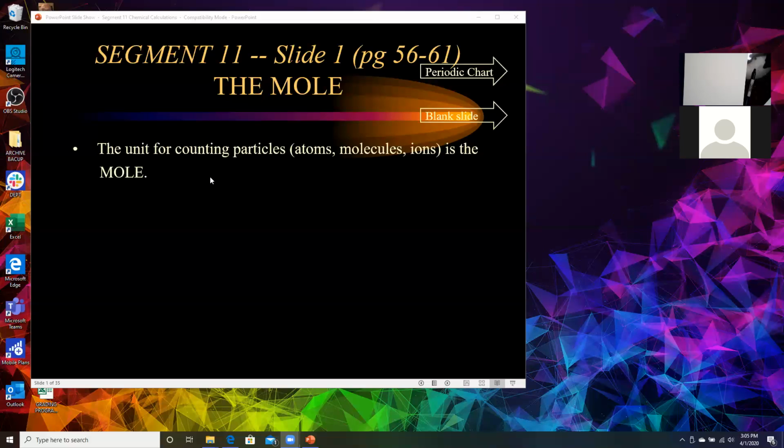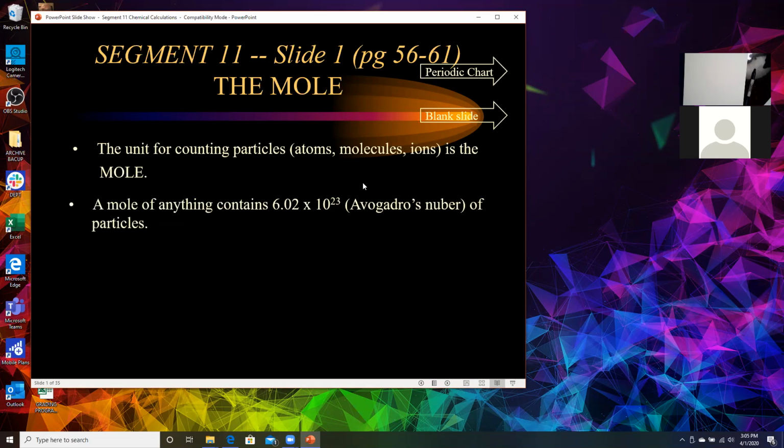Okay. All right. So now, when we talk about a chemical reaction, we're talking about atoms and molecules and ions that are involved in the reaction. And the unit that we use to count anything is the mole. Now, if you remember, a mole is 6.02 times 10 to the 23rd, Avogadro's number, of whatever it is.